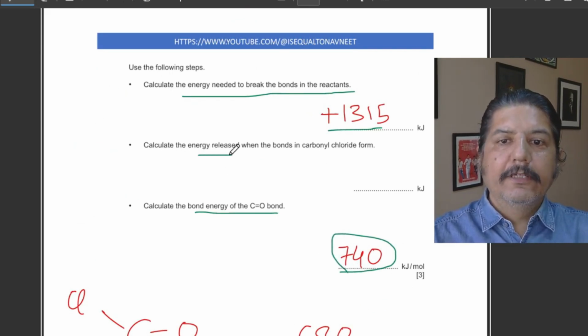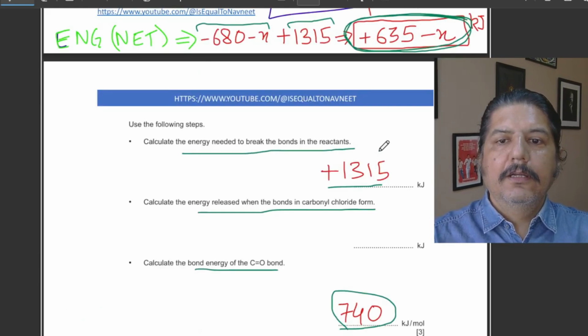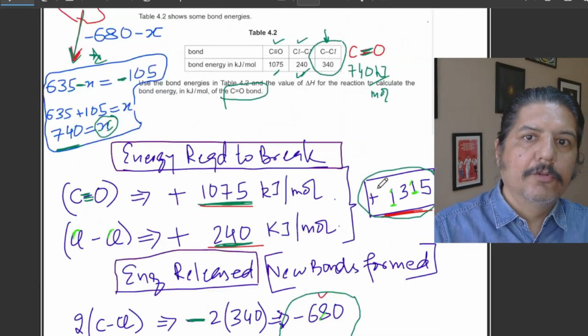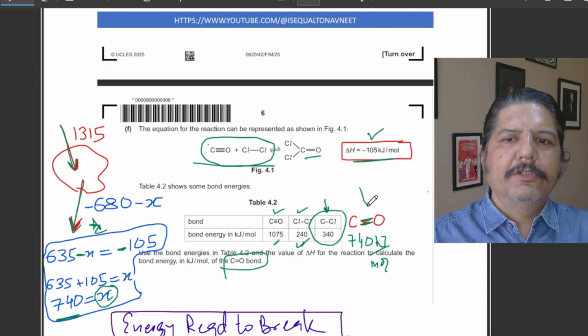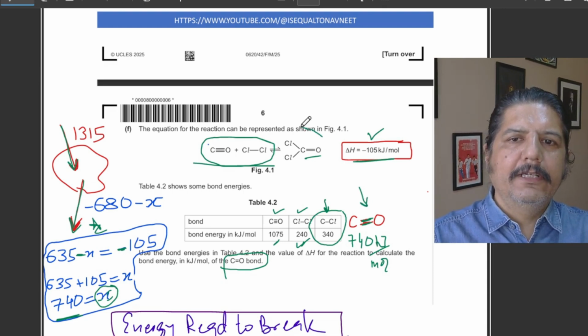And finally, what is the energy released when bonds in carbonyl chloride are formed? Because you require the bond energy for C double bond O, what they are asking finally is what will be this energy.